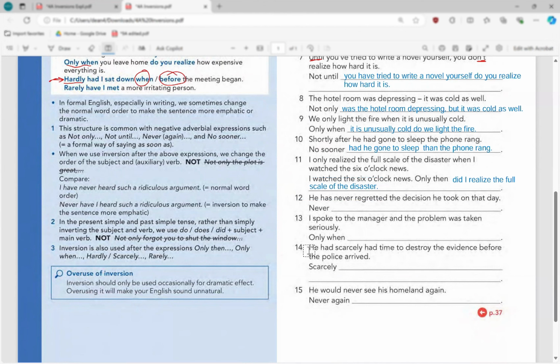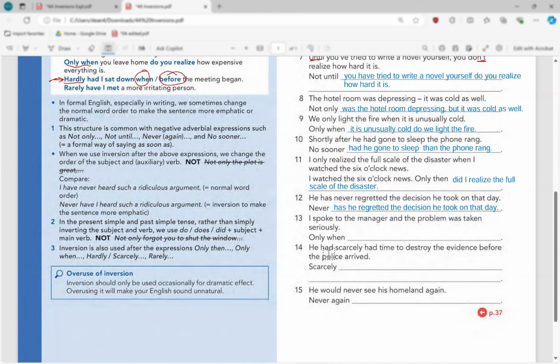Okay. 12: he has never regretted the decision he took on that day. Obviously never is coming in front, so that would be inversion. He has regretted is present perfect. So never has he regretted the decision he took on that day.